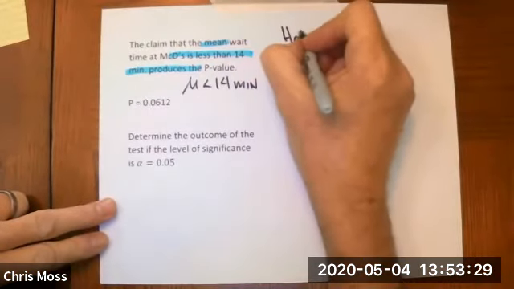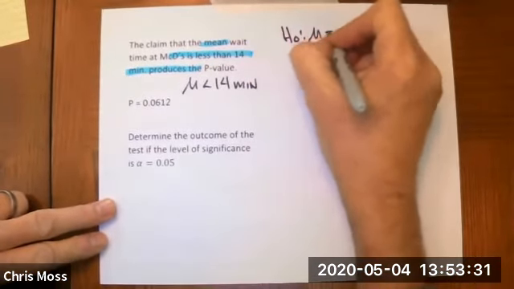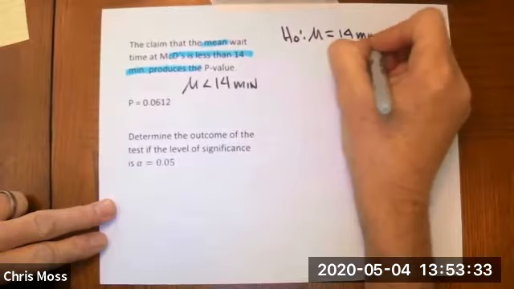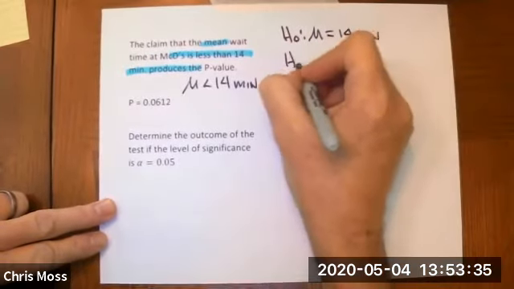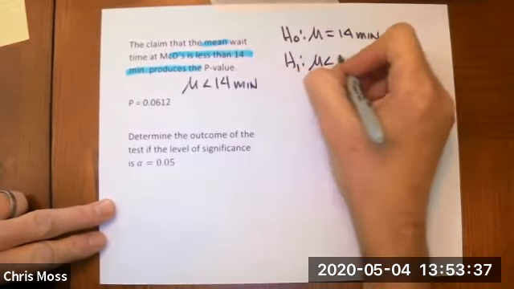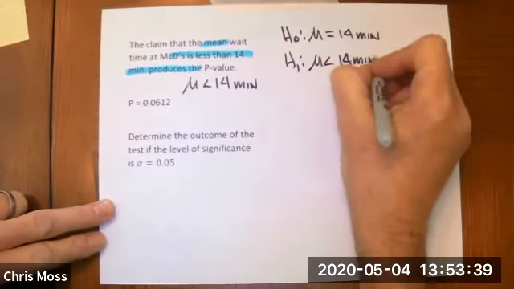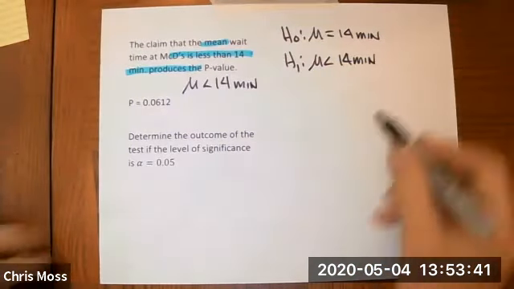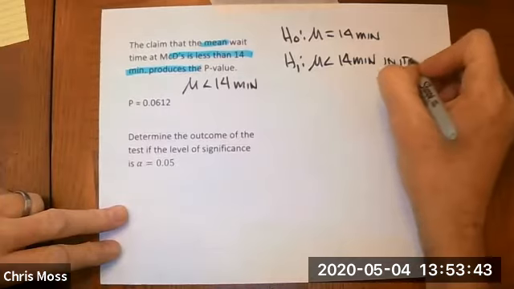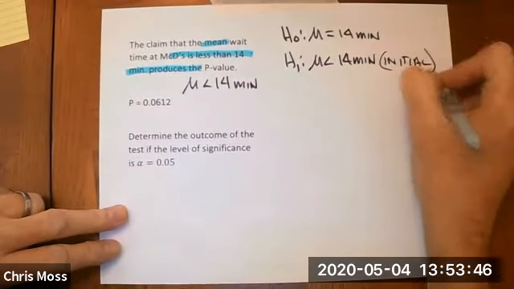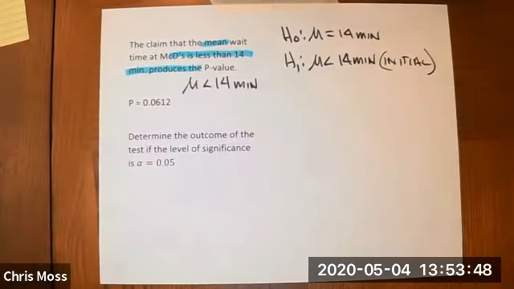Here, my null hypothesis, and then the alternative. This particular claim is my initial claim. That's the one we encounter.